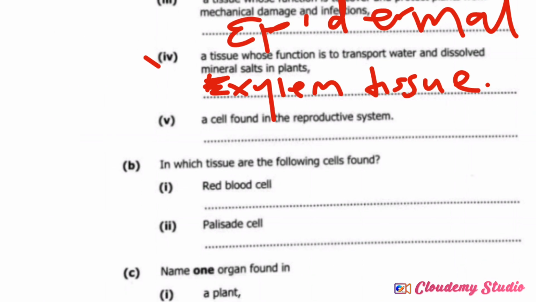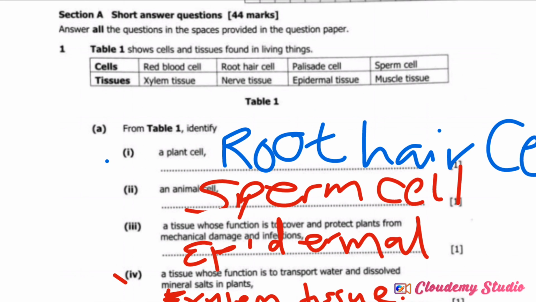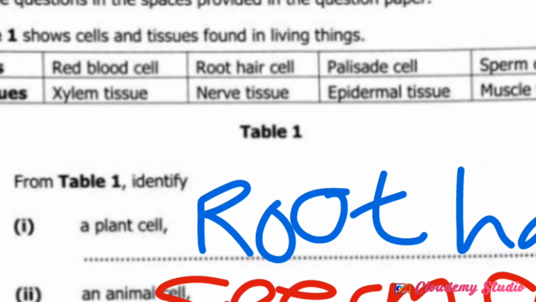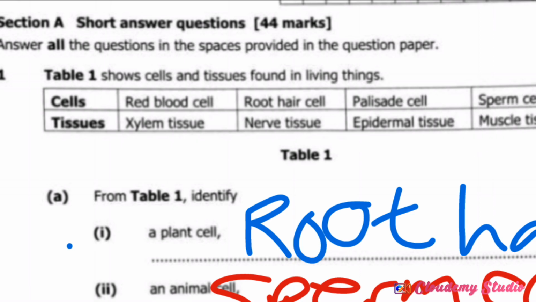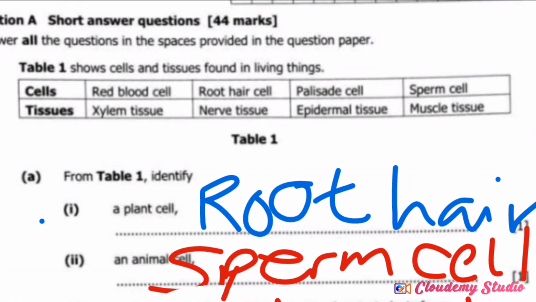The next question is asking to say, from this same table, name a cell found in the reproductive system. Name a cell found in the reproductive system, meaning from all these cells which are here, the red blood cell, the root hair cell, the parasite, and the sperm cell, which one is from the reproductive system?